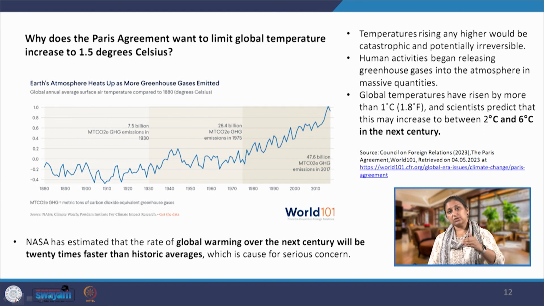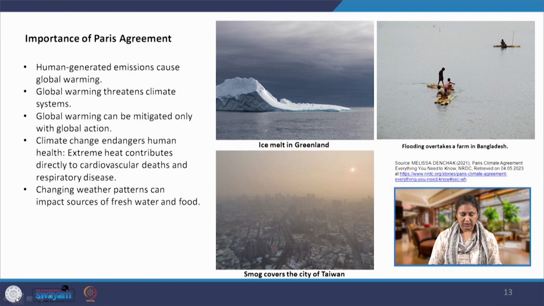So, the target is to limit it to 1.5 itself, worst case scenario by 2100 to 2 degree centigrade from pre-industrial levels, and we very clearly know that this global warming and this climate change that we are witnessing is because of man-made or human generated emissions, and that is what we have to reduce.